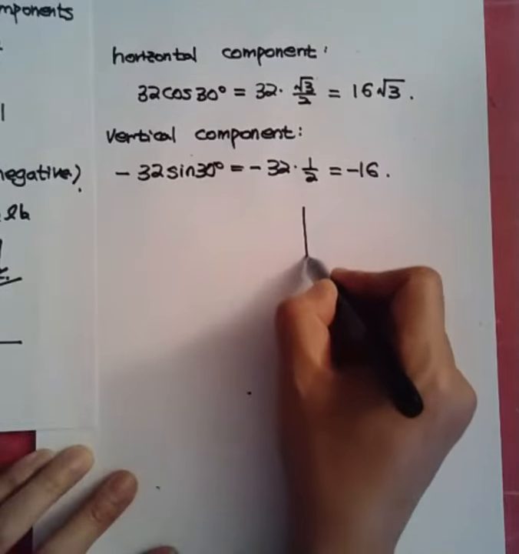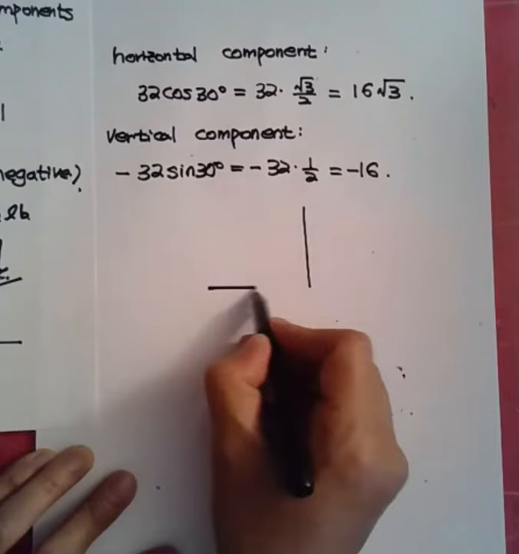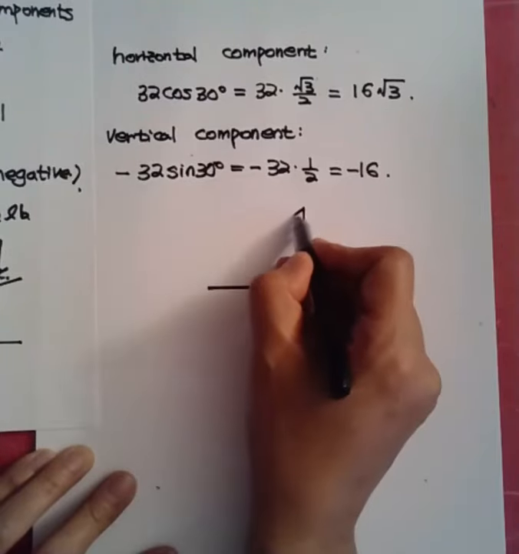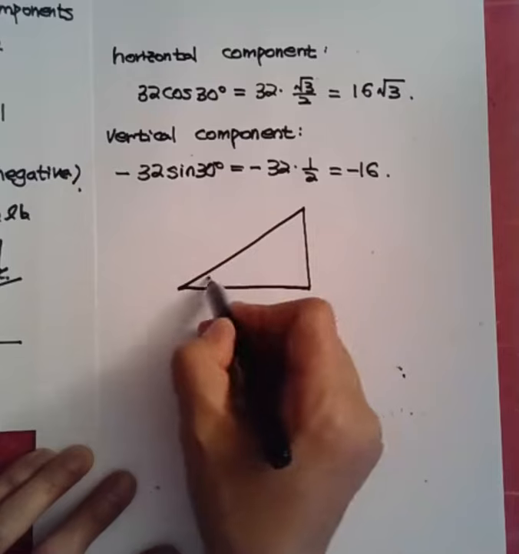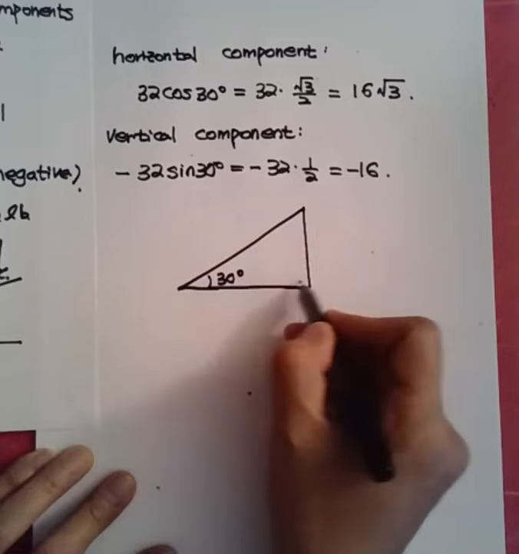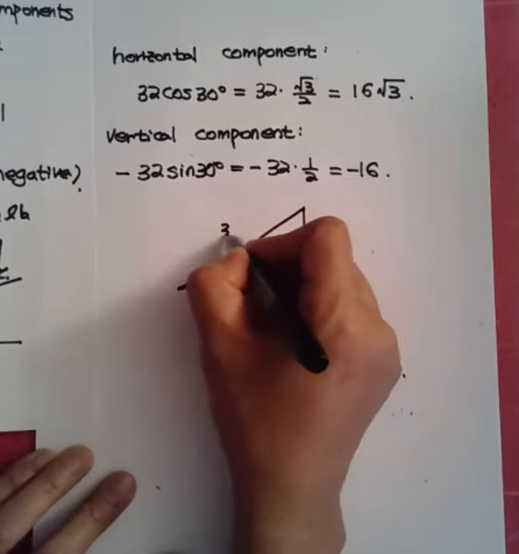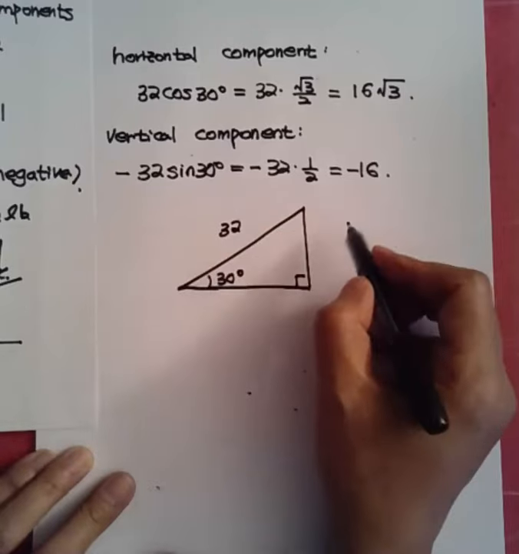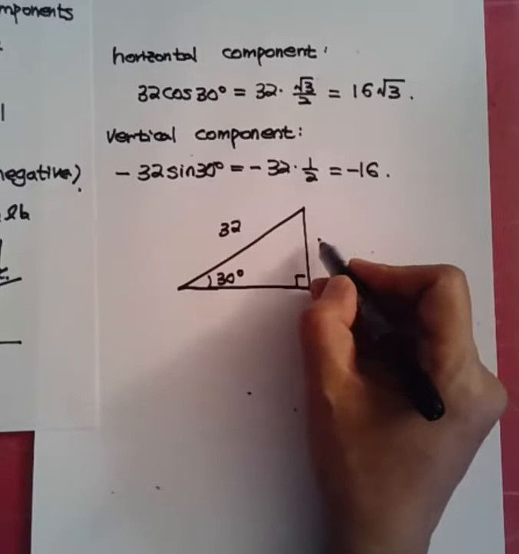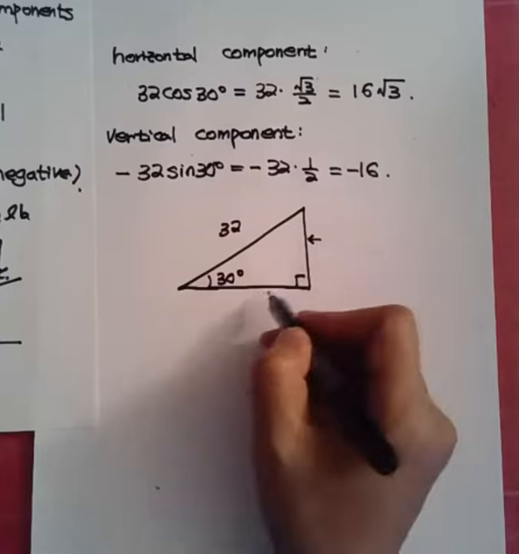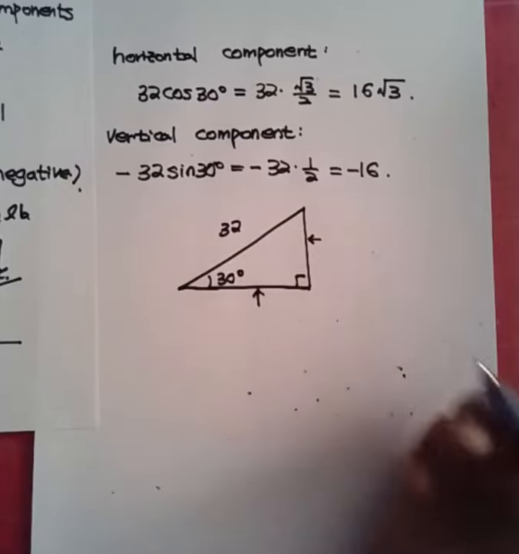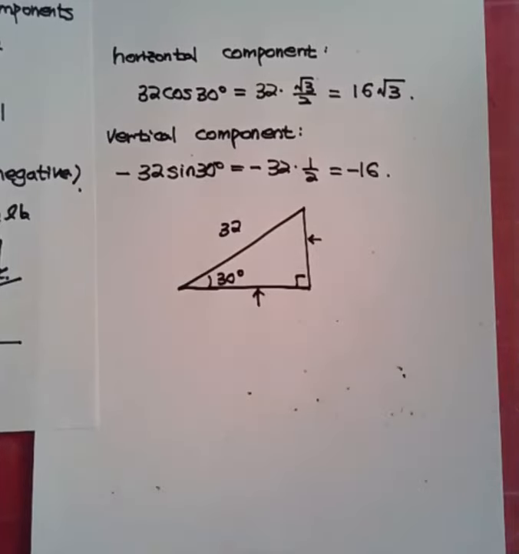To repeat the argument, if we just think about the triangle here, this is 30 degrees, and this length is 32. We essentially try to figure out the length of the vertical line segment and the horizontal line segment.